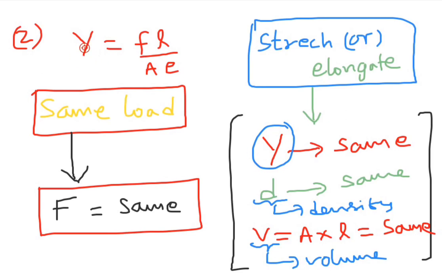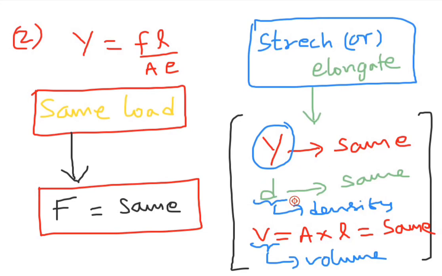The actual formula is Y equal to FL by AE, where Y is Young's modulus, F is force, L is length, A is cross sectional area, and e is elongation. As the nature of the material does not change, Young's modulus will remain the same.